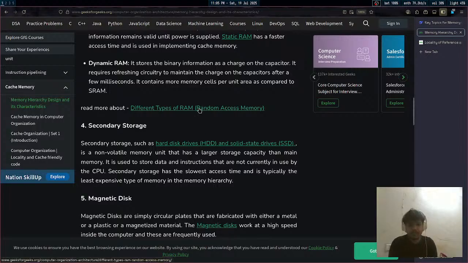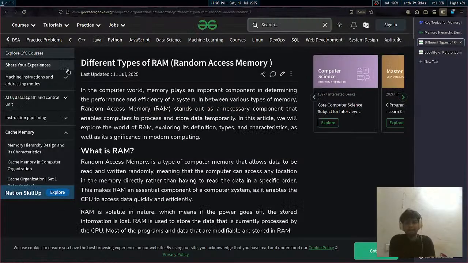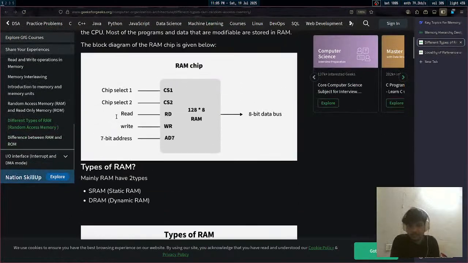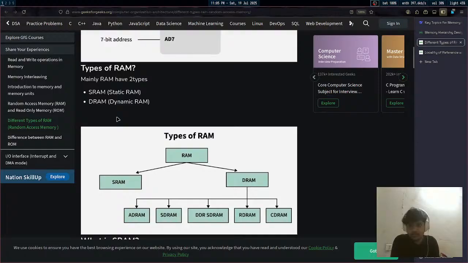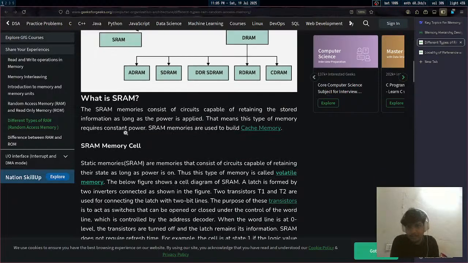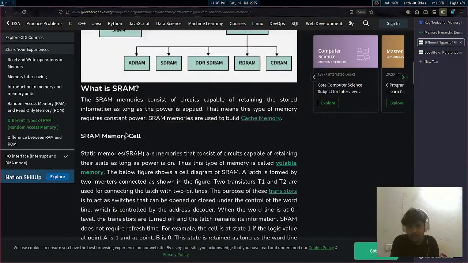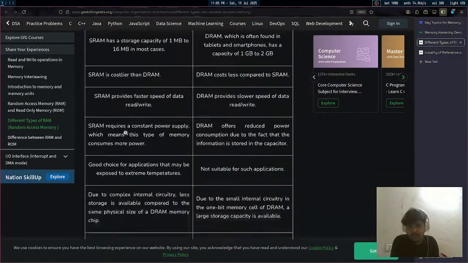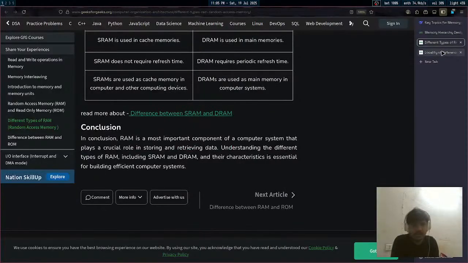Let me peek into this for once. Chip select, read, write, 7-bit address, sure. DRAM, SRAM. Okay, I don't think I will be needing this.